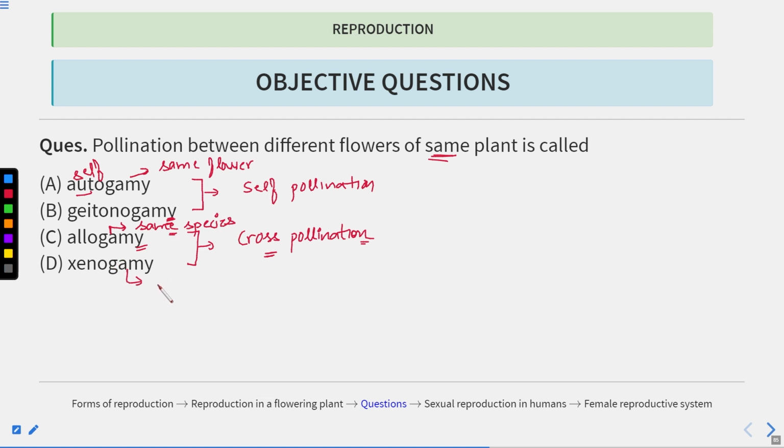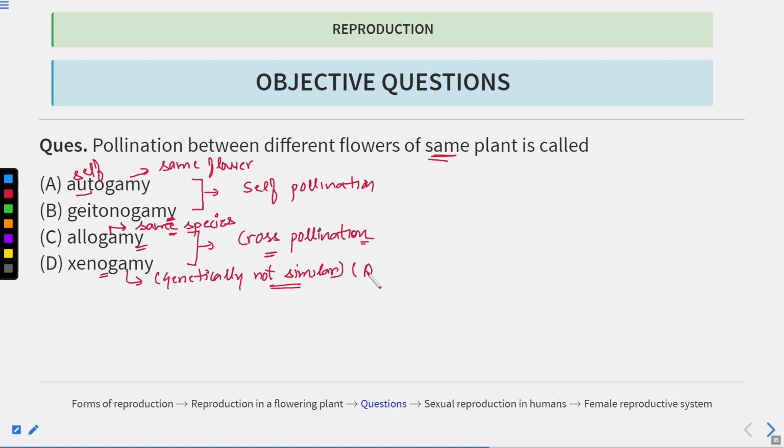In xenogamy, there is a transfer of pollen from the anthers to the stigma of a flower that is genetically not similar. So in xenogamy, the pollens are transferred to the stigma of another flower present on another plant, which is genetically not similar.